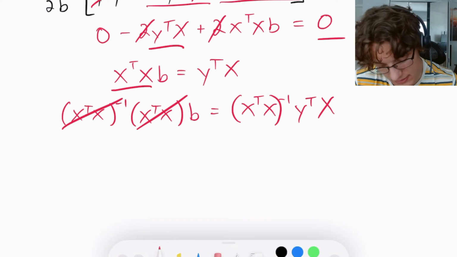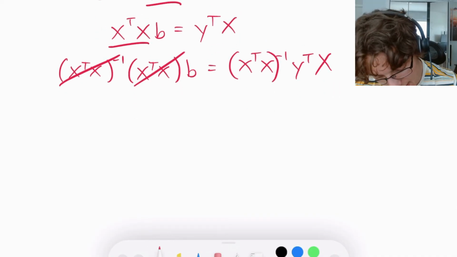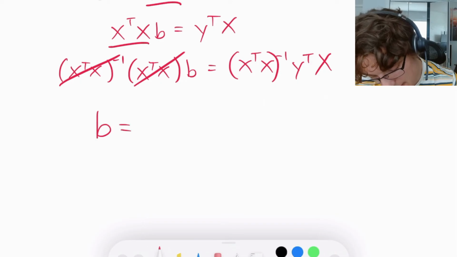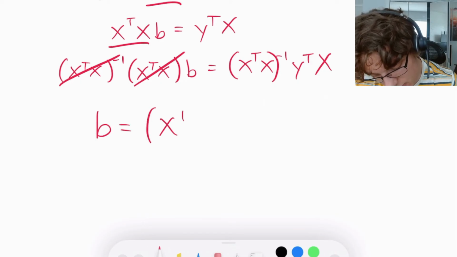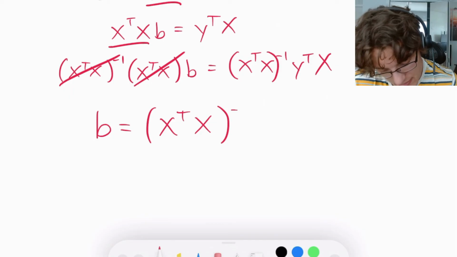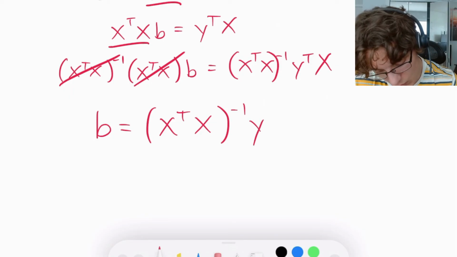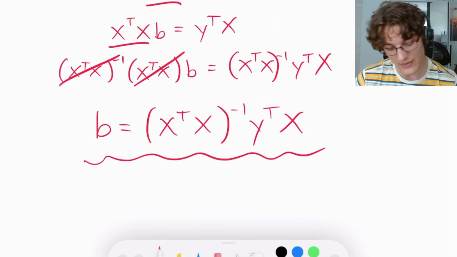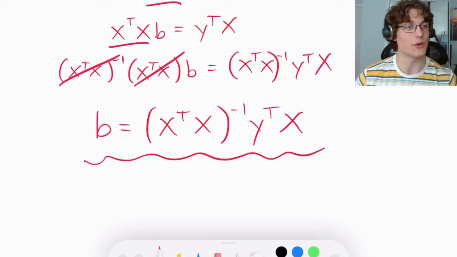These guys turn into the identity. And now we have our solution. b is equal to (x transpose x) inverse y transpose x. And we're done. That is the solution to our linear regression.